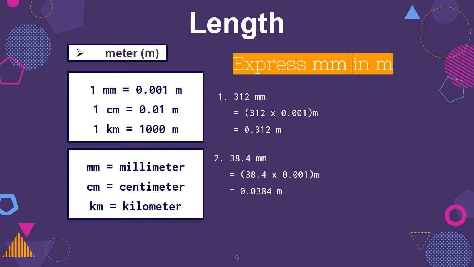So 312 multiplied by 0.001 meter, since we convert it into meter, the answer is 0.312 meter. Next, we have 38.4 millimeter. To convert it into meter, multiply it by 0.001. So 38.4 multiplied by 0.001 is equal to 0.0384 meter.